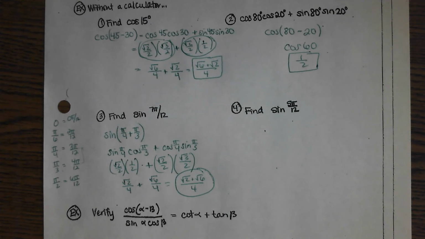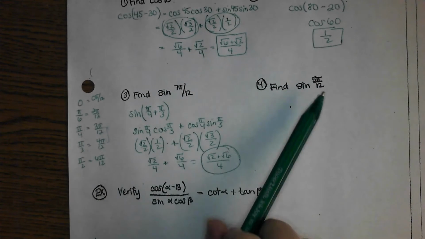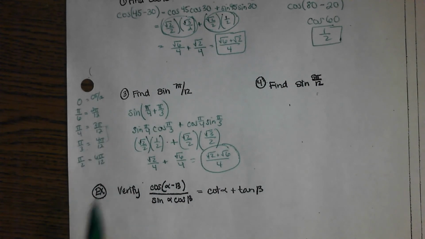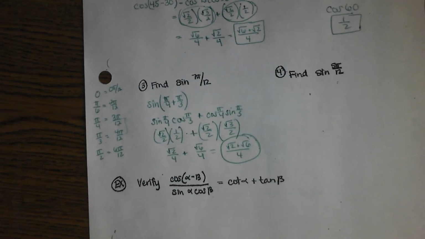And Nate, how can we make 5 pi over 12? And lucky for you, I already have all my pi's over 12s over here. So how can I make 5 pi over 12?